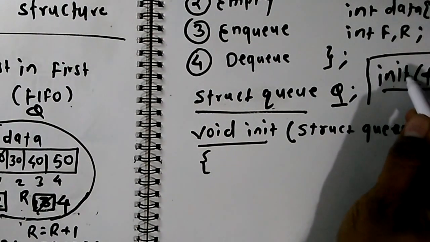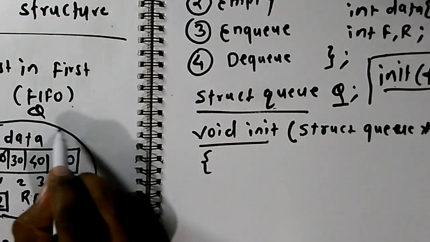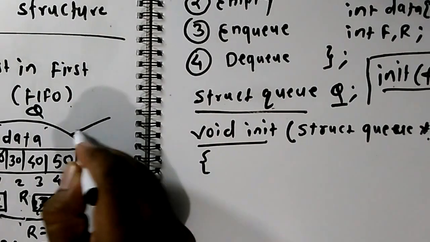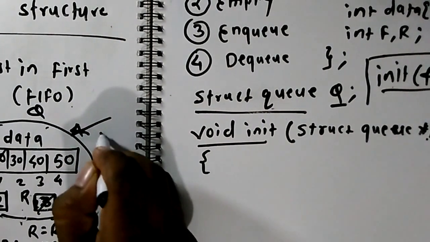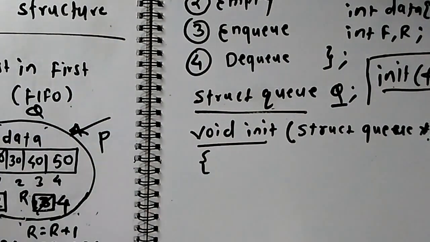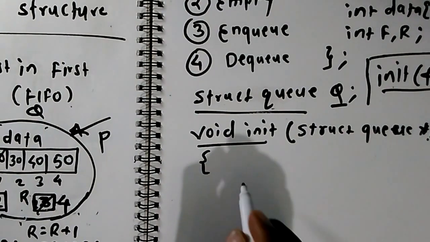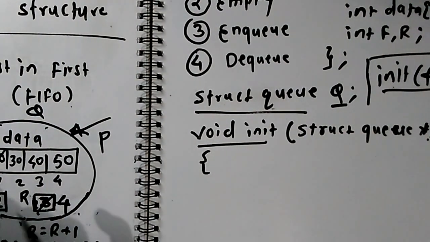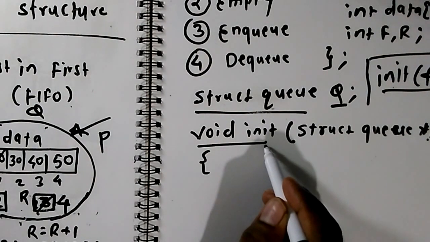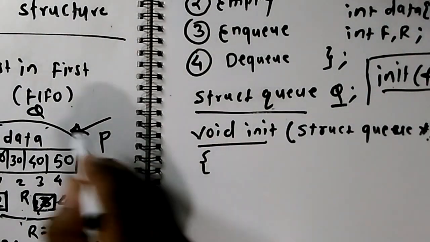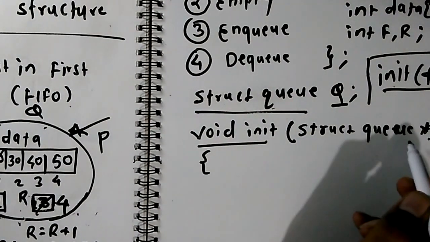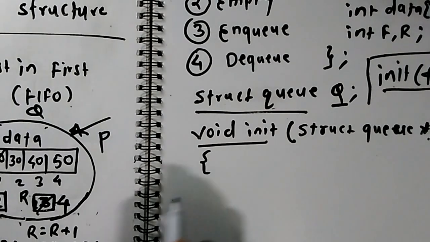So when I make this call, the address of this queue is passed to this pointer, or in other words, this pointer p points to this queue. Now in this init function, I want to set front and rear to -1. In the init function, I know only a pointer pointing to that queue, so I should make use of that pointer. By using this pointer p, I'll set front and rear to -1.